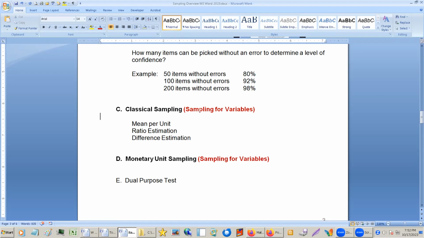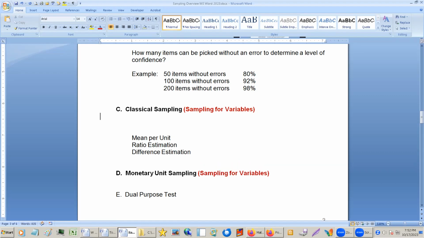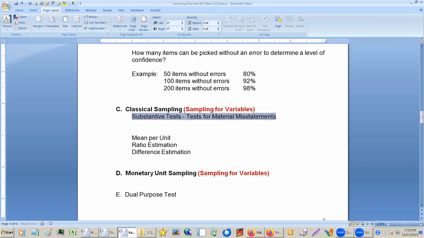Actually, there's a whole bunch of stuff in here. I've got to put more stuff in here. These are called substantive tests. And these are tests for material misstatements.